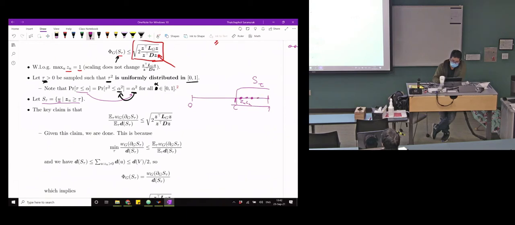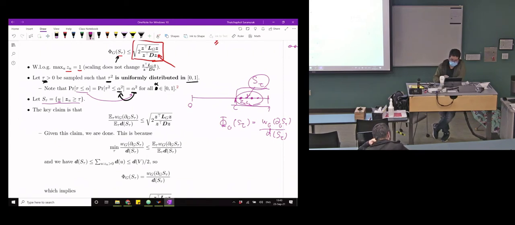So S tau is this set. And now the key claim is this. What is the conductance of S tau? It is simply the size of the cut over the volume.